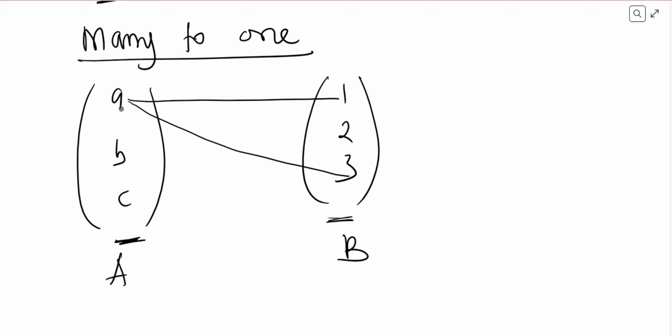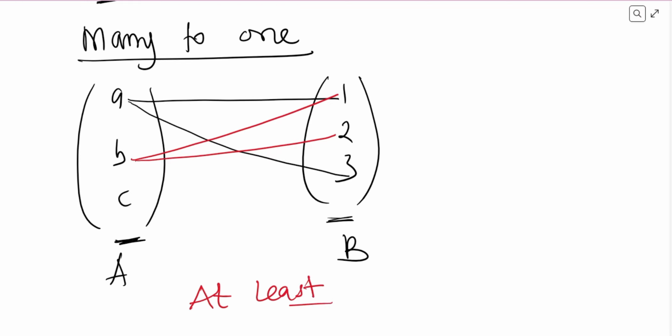This is one to many already. And again, I can do B to 1 and B to 2. In fact, C doesn't need to do the same thing. What we are particular about here is at least we should get one item that satisfies this condition, many.